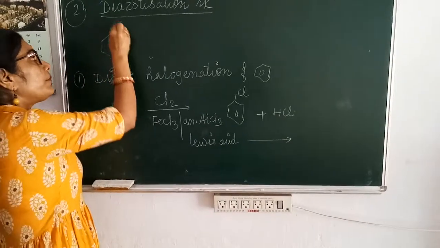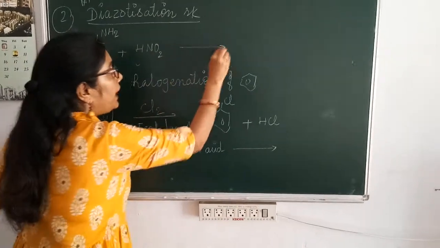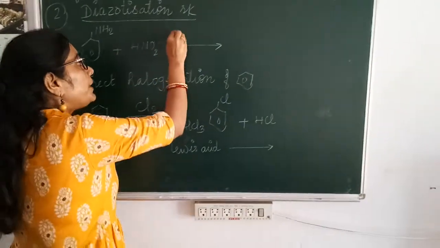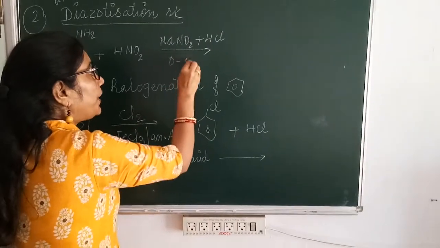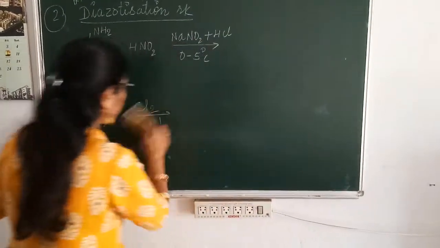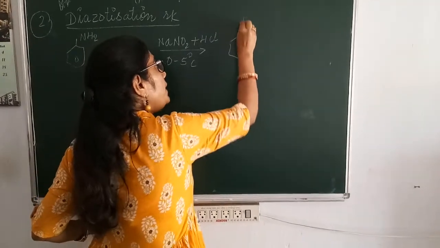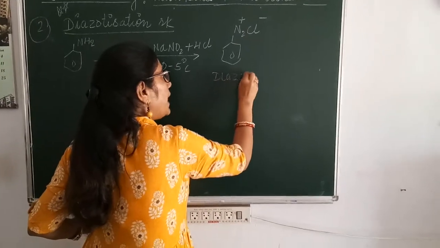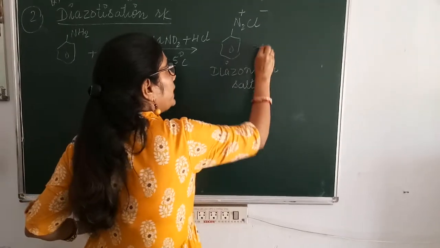When aniline reacts with HNO2, nitrous acid, which is prepared in the reaction mixture. How is it prepared? When NaNO2 reacts with HCl, at ice cold temperature, 0 to 5 degrees Celsius, the product is benzene diazonium chloride, also known as diazonium salt. And the name of the reaction is diazotization.